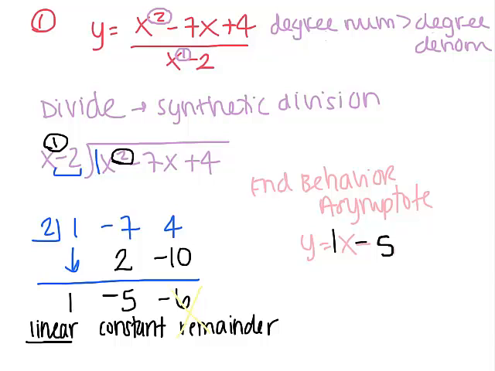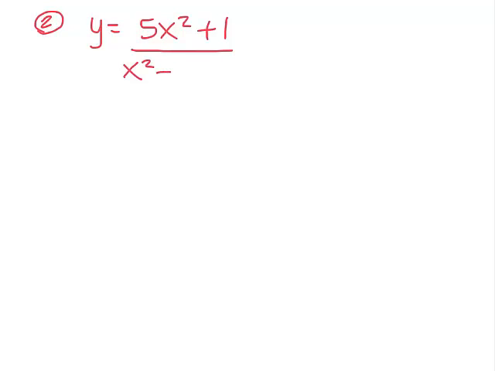Okay, get ready for your second example. y equals 5x squared plus 1 over x squared minus 2x plus 4. If I compare my highest degrees, the numerator here is 2, the denominator here is 2. So in this case, they're equal. The degree in the numerator equals the degree in the denominator.